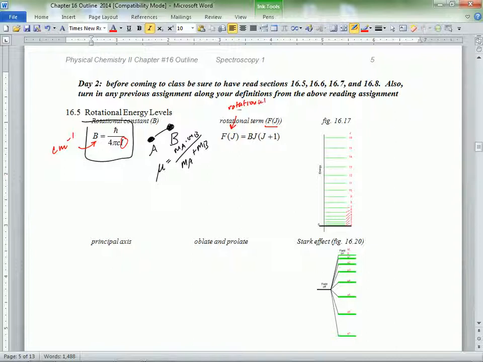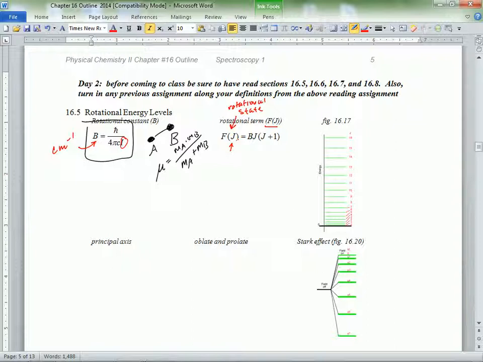F of J describes a rotational state. I need quantum numbers to describe states, and we luckily skip all the math and deriving all these things, but what is their quantum number to describe a state? The J. The J is their quantum number.